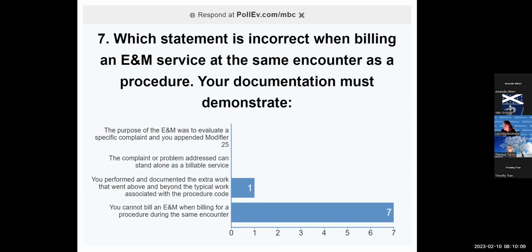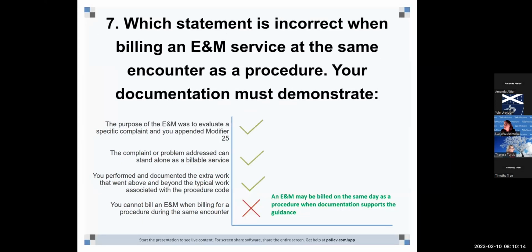Okay, this is a hot topic. This is a tough one. We know it's on the OIG work plan. It's on our internal audit plan to review services with modifier 25. The fourth one is the inaccurate statement. If a patient is coming in for a procedure, it would be rare, and I put this in the chat, that you would bill an E&M unless you address a significant problem or complaint.